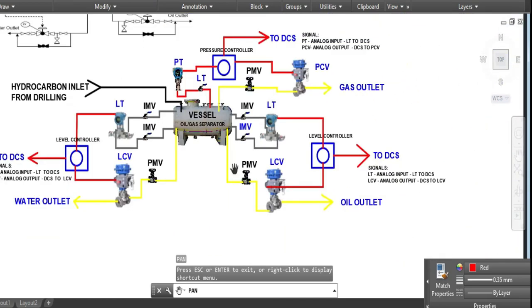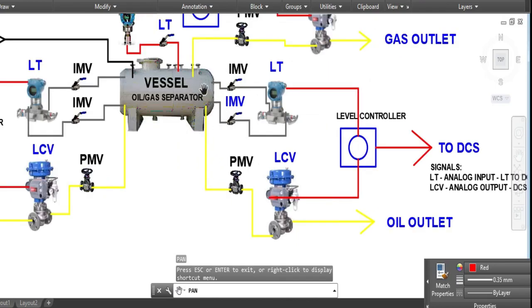The same principle applies here. Once there is no liquid inside the vessel, by the transmitter sending its signal, the DCS sends an analog output signal to the LCV to close the valve.